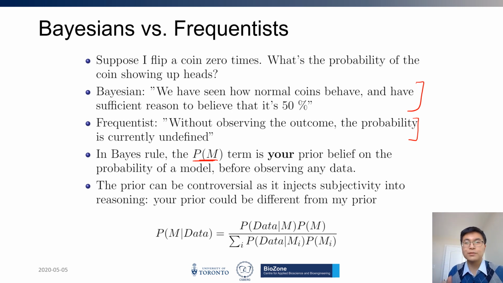Now, why is there this tension and this fight between Bayesians and frequentists? One point of many is this notion of a prior can be controversial, i.e., your prior might be different from mine. If you work in the casino, you might have seen more biased coins, right?